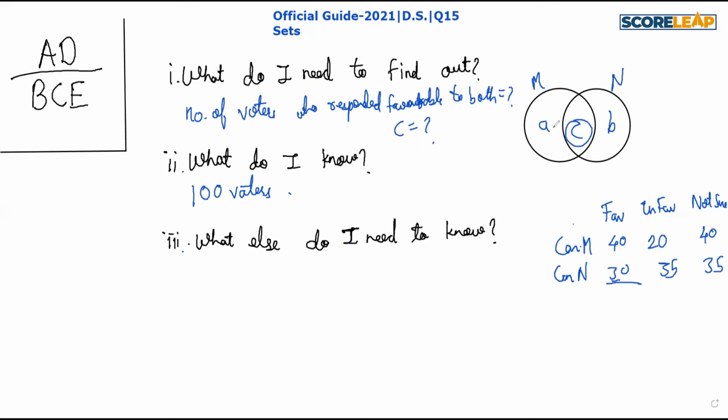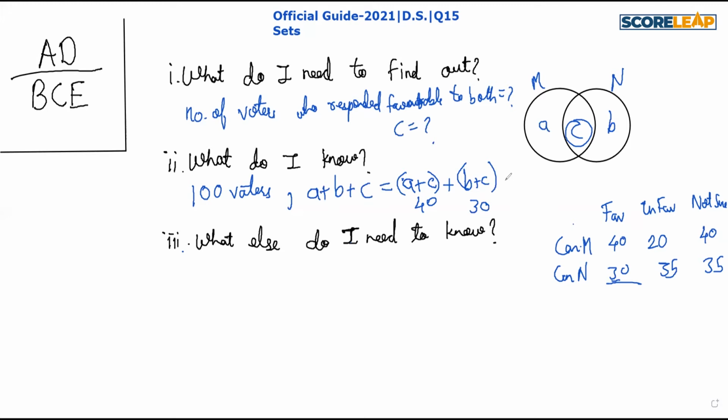But from the data we also know that A plus B plus C is equal to 70. Look, if we add this, then it will be A plus C, which is 40. Again, if we add this part, the number of voters who responded favorable to N, which is B plus C. So here we added C twice.